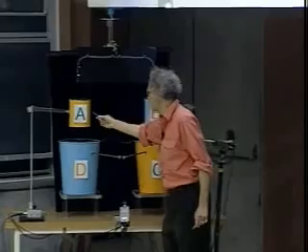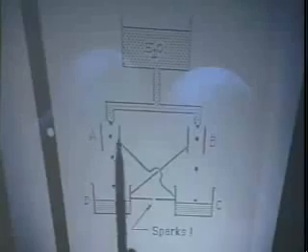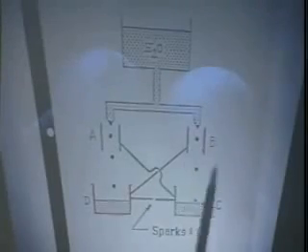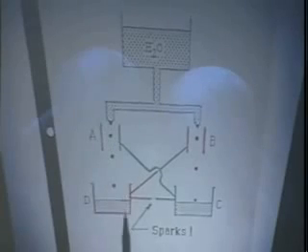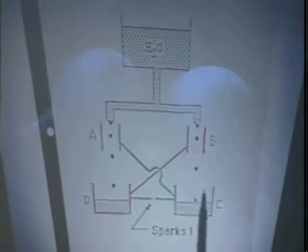There's a letter A. And there's another paint can on the right, with a letter B. It's a conducting can. This is also a conducting can. And this water runs into another conducting trash can, and this water also runs into a conducting trash can.